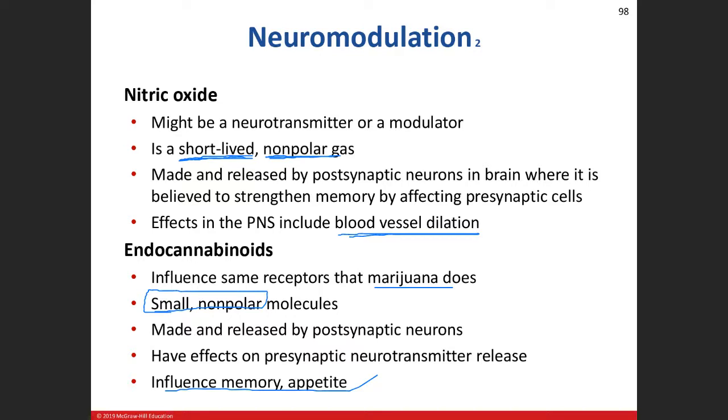It definitely will help with appetite, especially if you're dealing with terminally ill patients, those that we refer to as cachexic, and they're not eating as much, maybe because they're at the tail end of their cancer treatment. We give them some of this marijuana-esque drug, and it helps to increase their appetite.